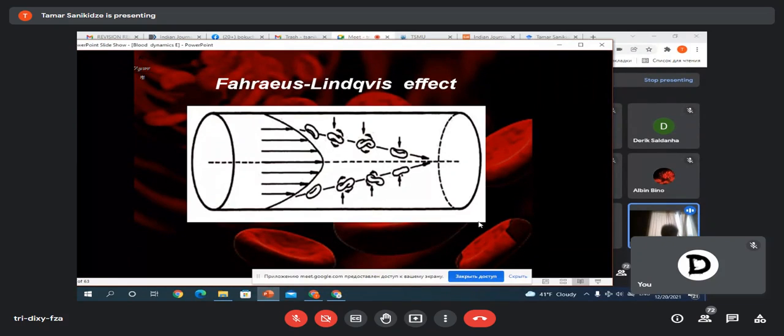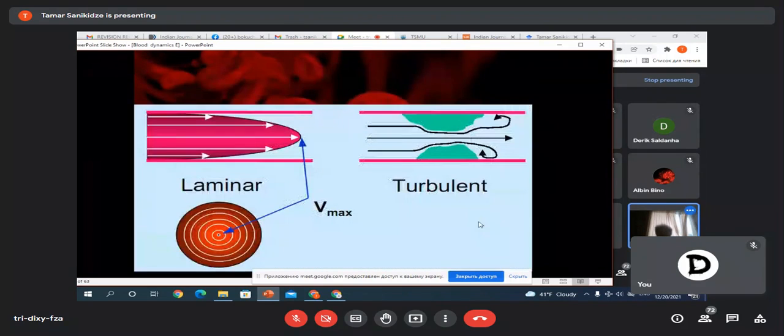But according to the thermodynamics law, as all processes are directed to the decrease of free energy and increase of entropy, all cells will be directed to the center of the vessels, and in this case, the erythrocytes will be distributed in the center and small cells on the side. This is known as the Fahraeus-Lindqvist effect.